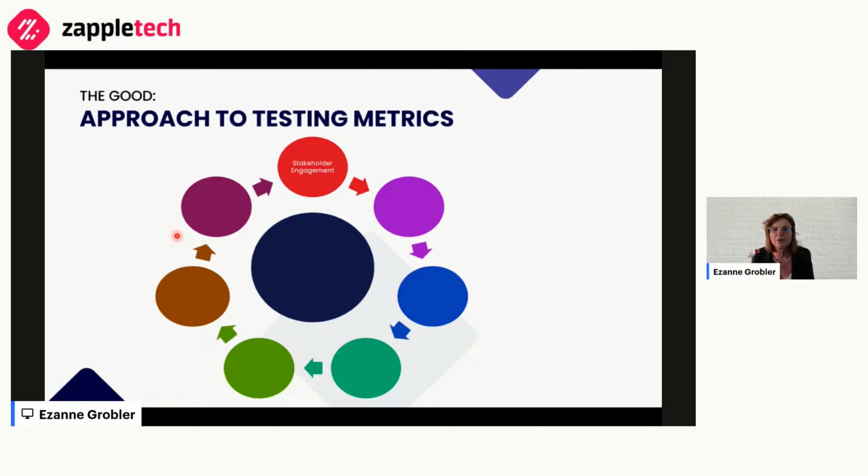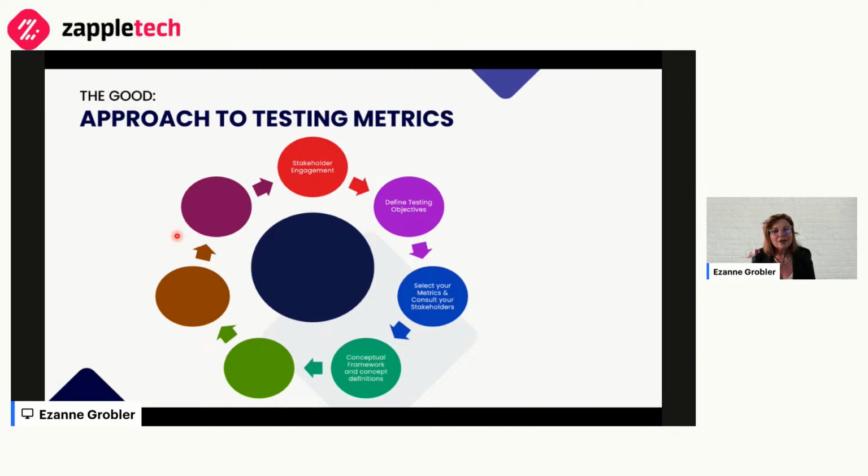So, as you could already guess, stakeholder engagement was a key thing for me. Define the testing objectives, marry those testing objectives with your stakeholder engagement, and ultimately select your metrics in consultation with your stakeholders. Make sure that you've got a proper matrix that addresses that.